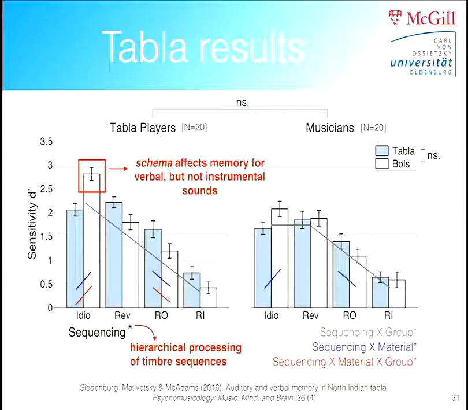Importantly, this is only the case for tabla players. So really only tabla players who know the material have an advantage for idiomatic sequences when they are played as bowls. So we interpret this as an indication for simple word learning for tabla players, for these idiomatic sequences.